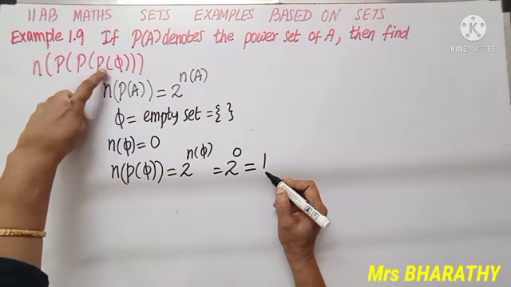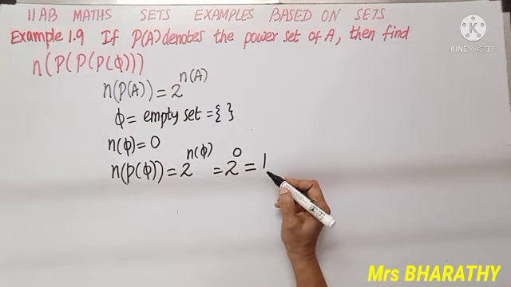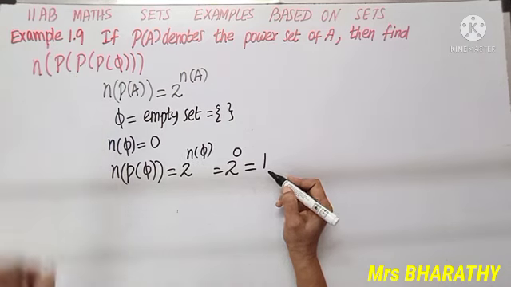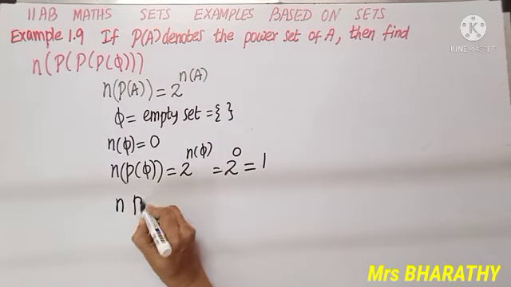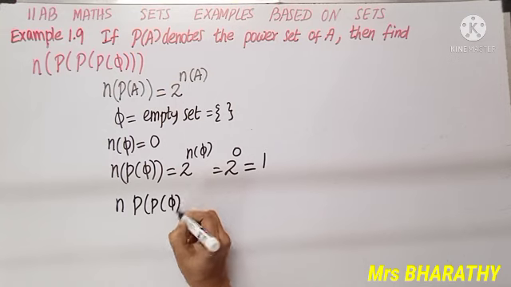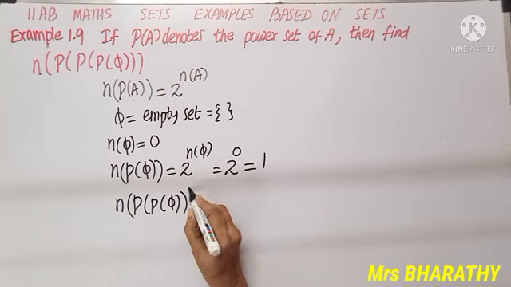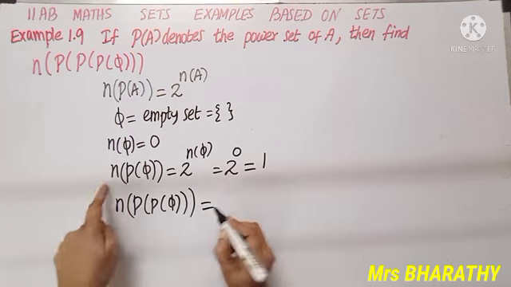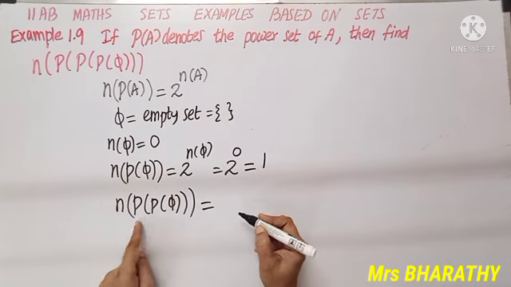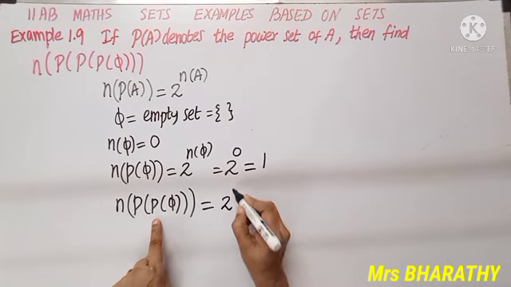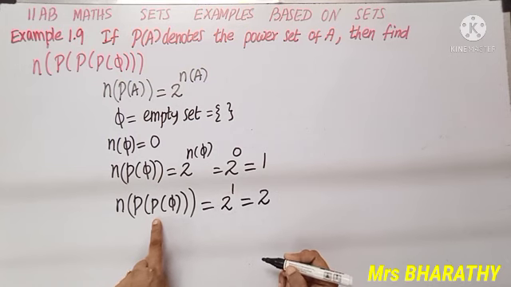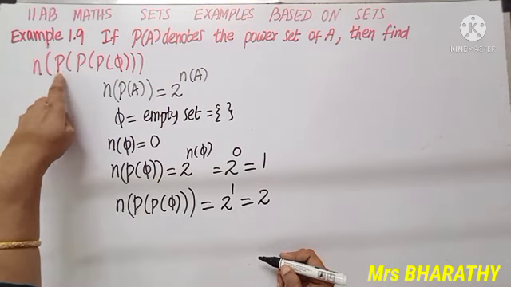So one innermost bracket I have completed. Now we have another P. So n of P of P of phi. P of phi has one element, so it will tell me 2 power 1, that is 2. Now I want another power set.